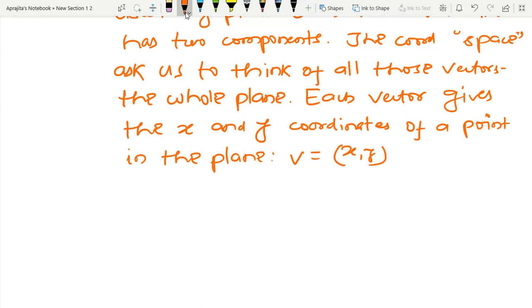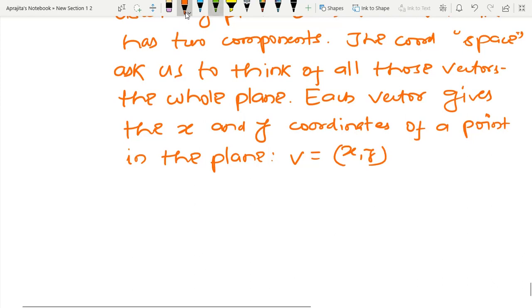That is the meaning of the space. Similarly, in Rn space, I have n different coordinates, that is, n numbers.